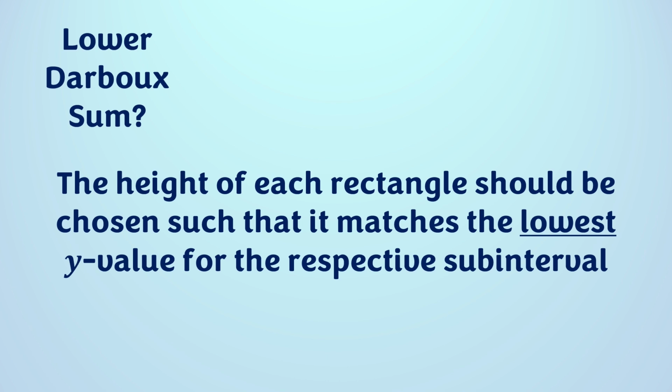Again, the definition is technically a bit more nuanced than this. I'm trying to explain it in the simplest way possible, but just so I'm at least signposting towards some of the actual correct terminology for this stuff, the y values are the infimums for each respective subinterval for the function.